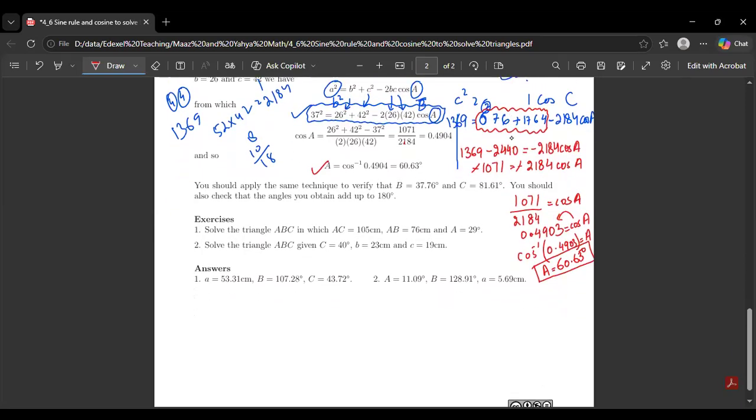Moaz, could you tell me, can I find the angle B using sine rule? Yes or no? Can I find out the angle B by using sine rule?